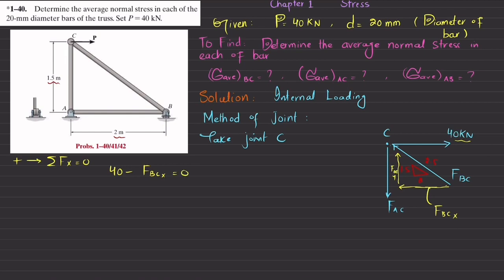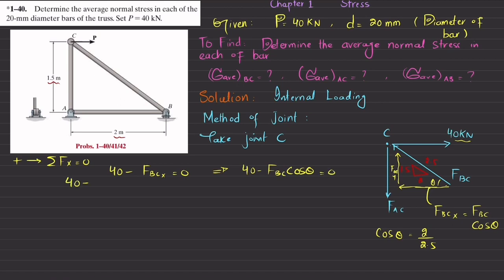Now if this is making an angle of theta, then cos of theta will be equal to base, which is 2, divided by hypotenuse, which is 2.5, and this FBC x will be equal to FBC into cos of theta. So I will write from here 40 minus FBC into cos of theta will be equal to 0.